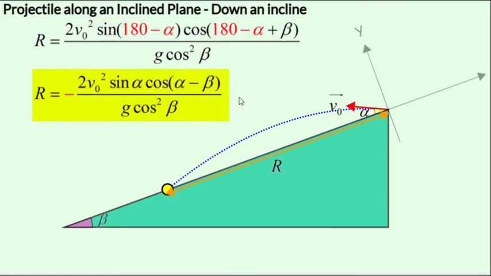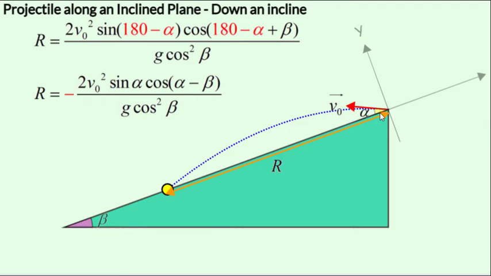When upward, inside the cosine part, we had alpha plus beta. Now we have alpha minus beta. So this term is reducing, and therefore its cosine would be increasing, which would increase the range.